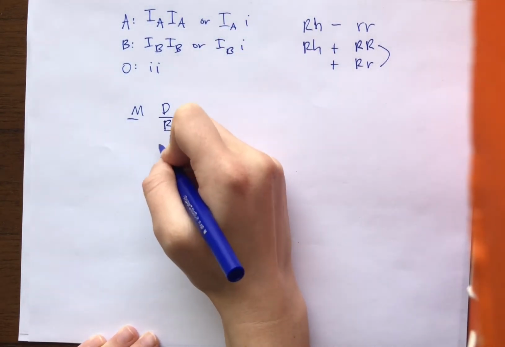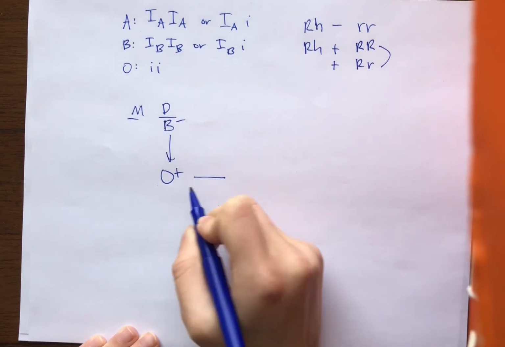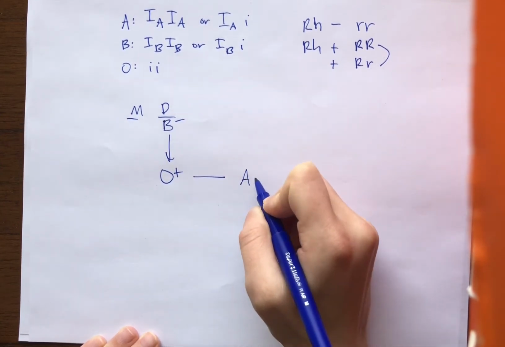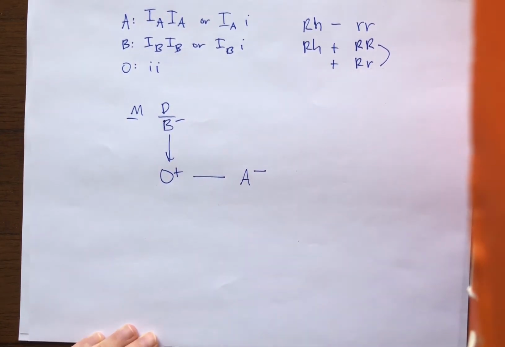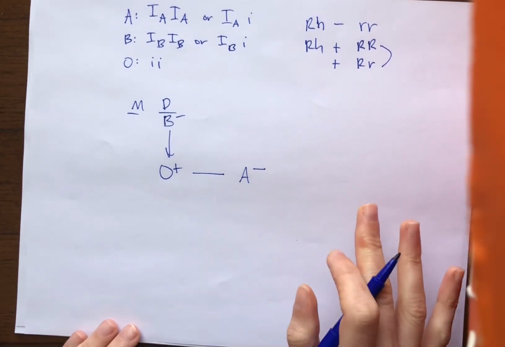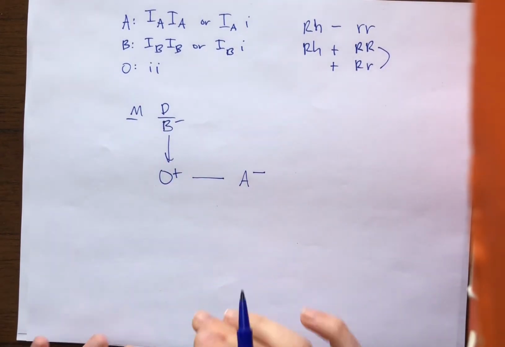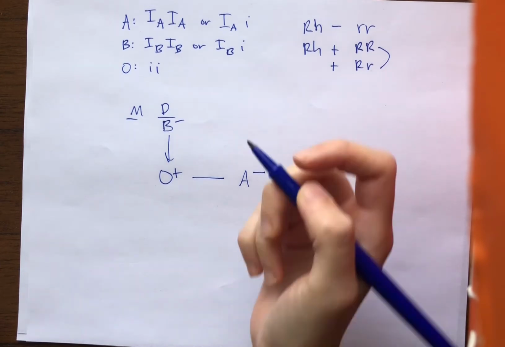And this woman, O positive, marries a man who is A negative. What I like to do is write out all the possibilities and figure out, with the information they give us, what we can find.